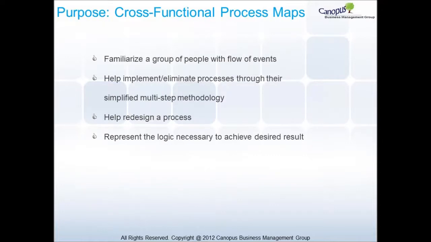Therefore, the purposes of cross-functional process maps are to familiarize a group of people with the flow of events, help implement or eliminate processes through their simplified multi-step methodology, help redesign a process, and represent the logic necessary to achieve the desired result. We will learn more about this in detail in a separate topic as we move forward.